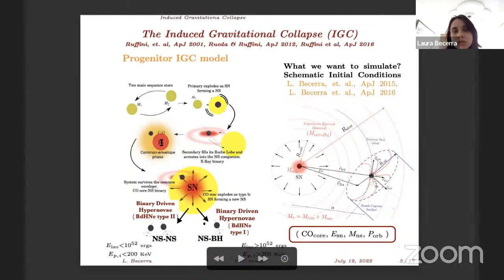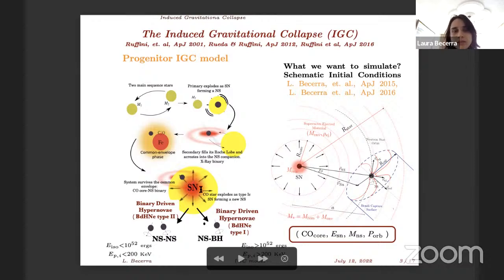When this carbon-oxygen core reaches the end of its life and collapses in a supernova, the material ejected in the supernova will be gravitationally attracted by the neutron star companion, and different outcomes of the system can be obtained.